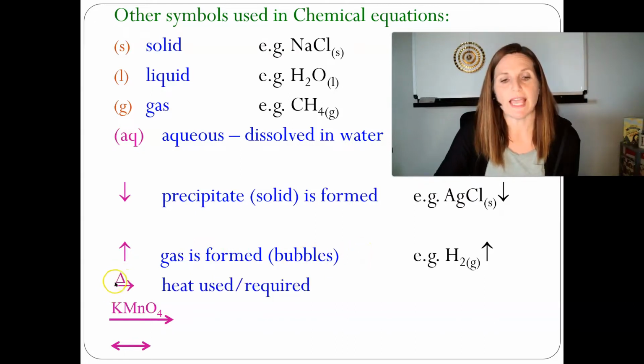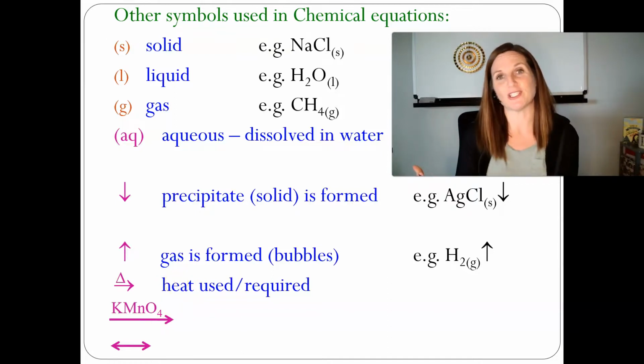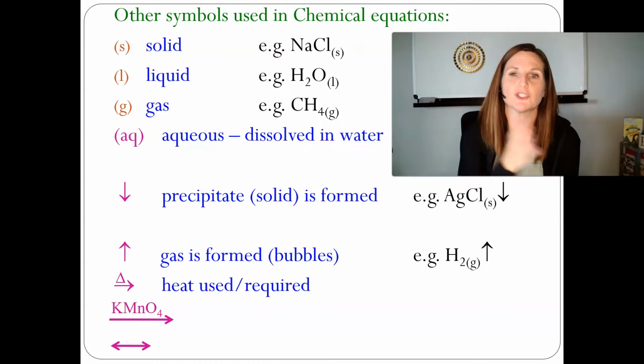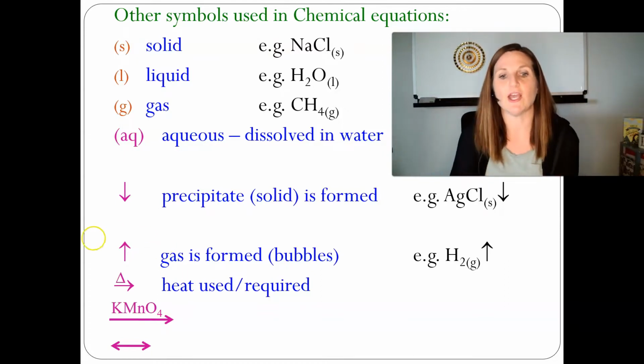When we see the little triangle over the top, that means that we need to heat the solution in order to make it work. If you were imagining an equation for making a cake, we might say, okay, you need flour and water and eggs, etc. And then we draw the line and we would need to put a little delta over the top, because to turn batter into a cake, you must use heat. Heat is required.